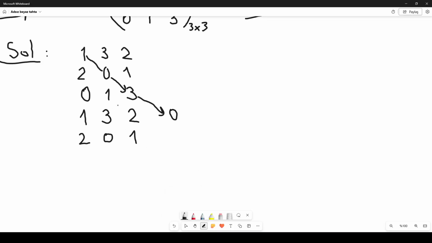Again in the same direction, here 2 times 1 times 2, and it is equal to 4. And 0 times 3 times 1 is equal to 0. So sum these values up. We have 0 plus 4 plus 0, and it is equal to 4. And this is the plus part of the summation.